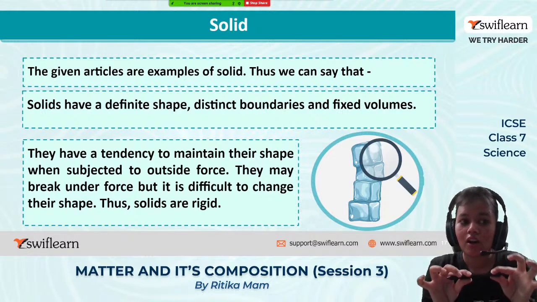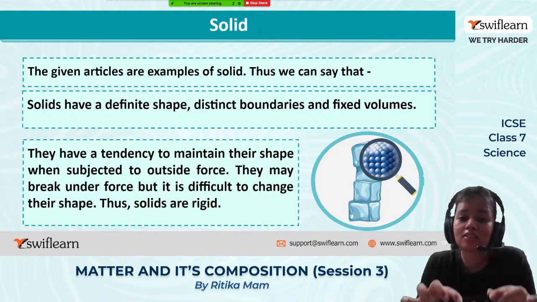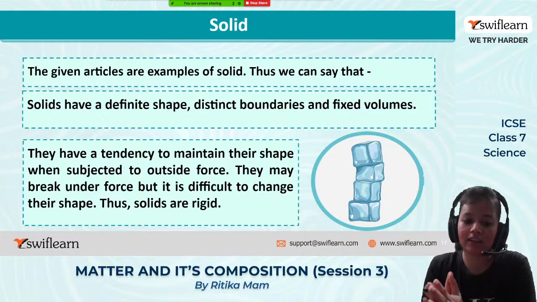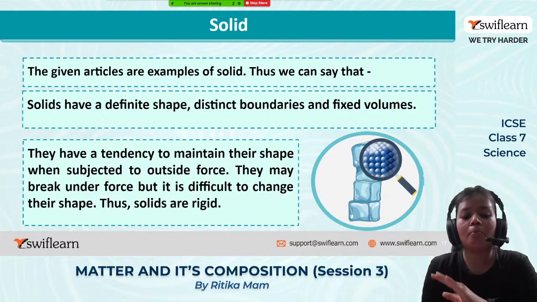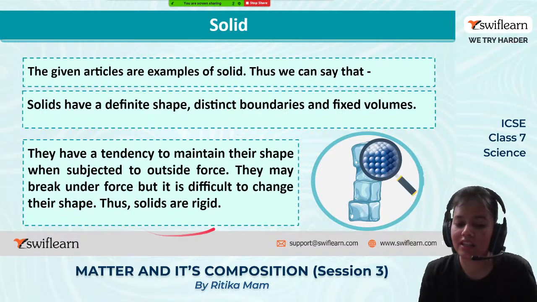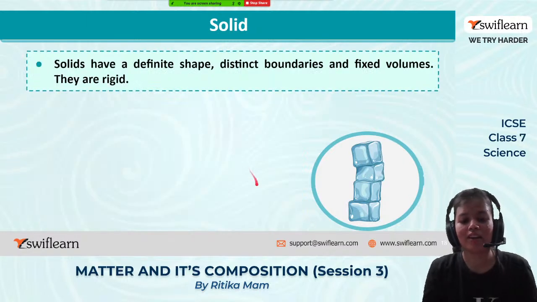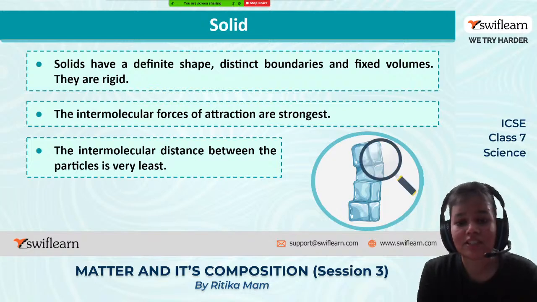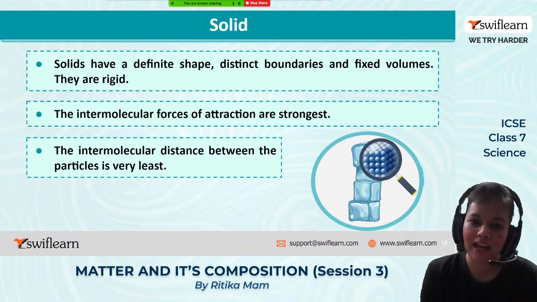But if we apply excessive force, जितना ये ले सकता है उससे ज़्यादा अगर हम force apply करते हैं, then it will just break. So this proves that solids are rigid. Okay, let's move forward. Solids have definite shape, distinct boundaries, fixed volumes and are rigid.